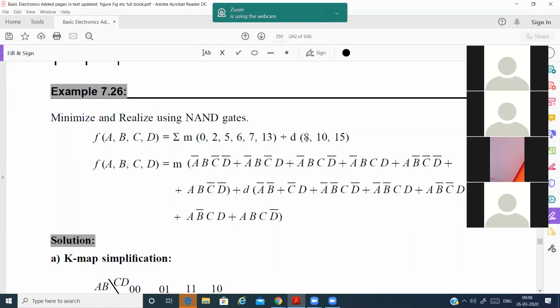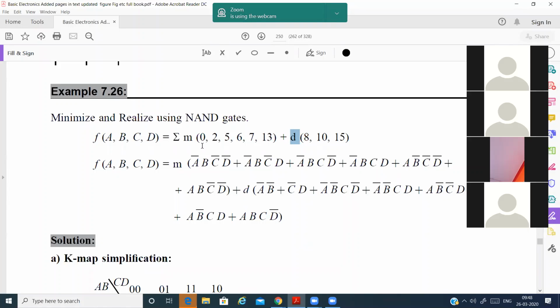And the boxes where 8, 10, 15 are given, it is given with D. D indicates don't care. Don't care is the condition where it can be considered as 0 or 1 based upon our convenience.